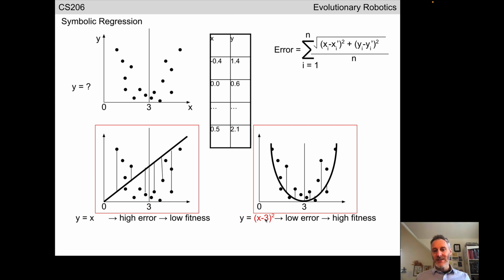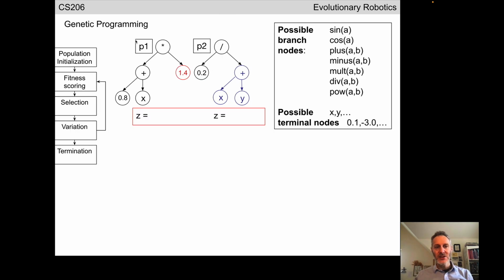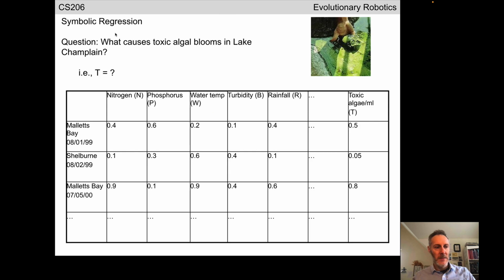We can delete the equations that have low fitness or high error, and make randomly modified copies of the surviving equations until we obtain an equation that describes our data very well. That evolutionary algorithm is known as genetic programming, and we'll talk about genetic programming in a moment.